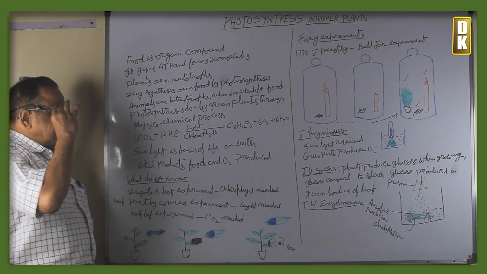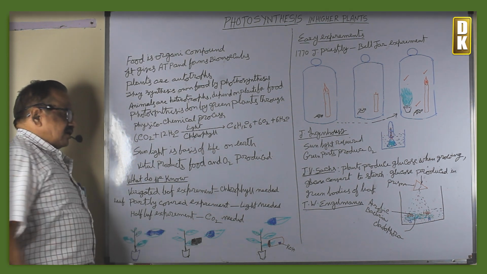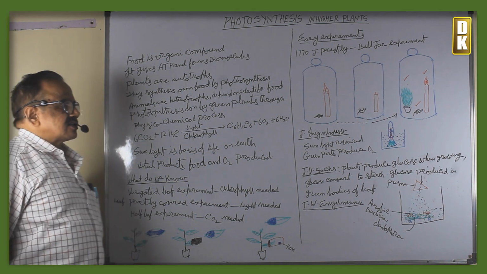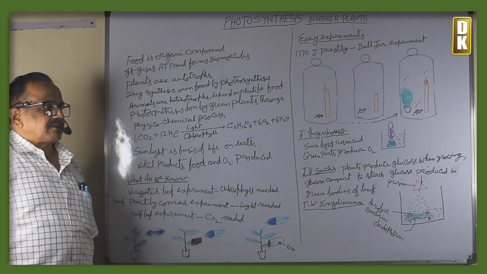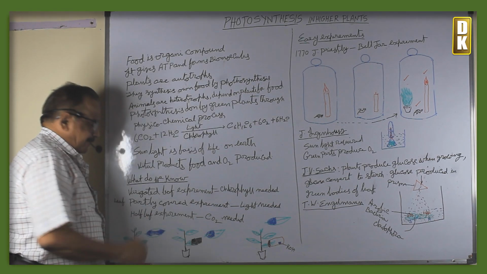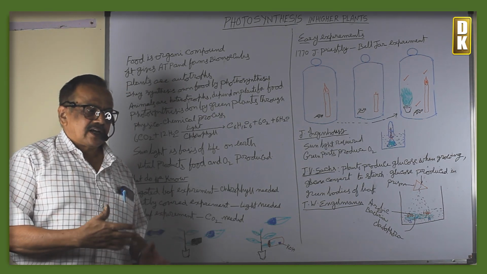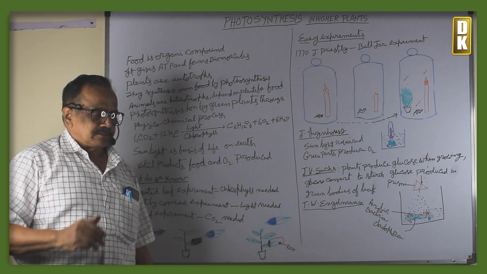The test he has given is nothing but the iodine test. When you do the iodine test, where the starch is there, the iodine will turn into a blue color. Here, the leaf itself is having green and white or other colors.